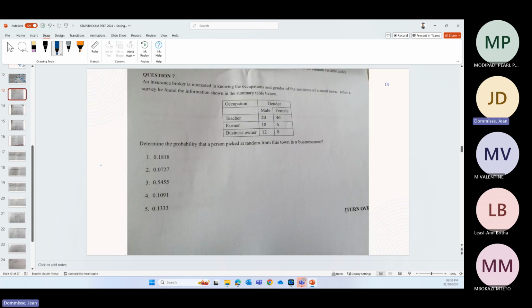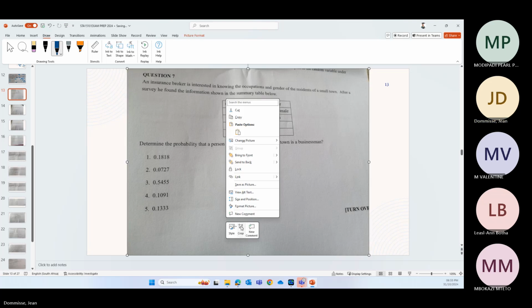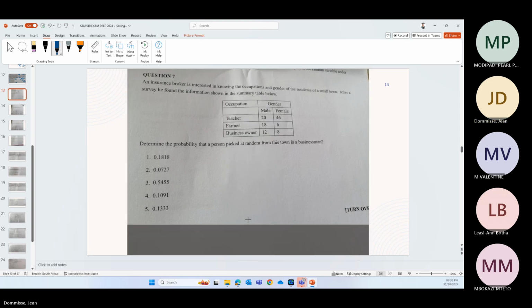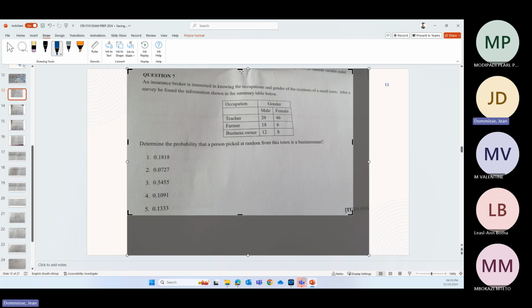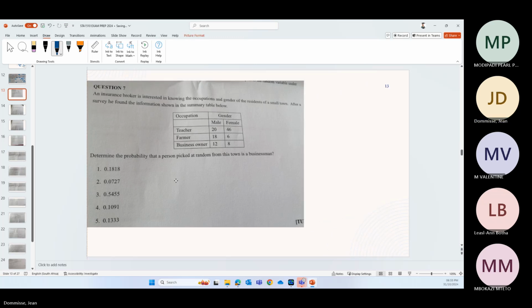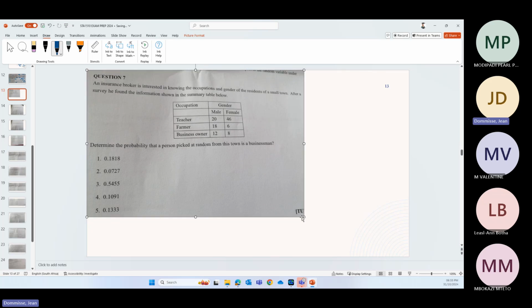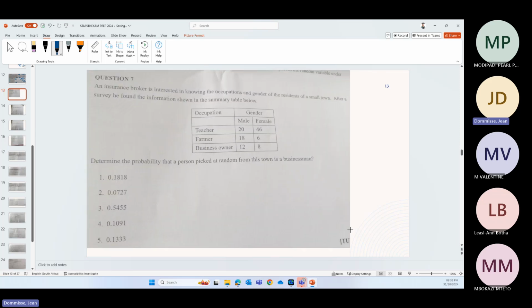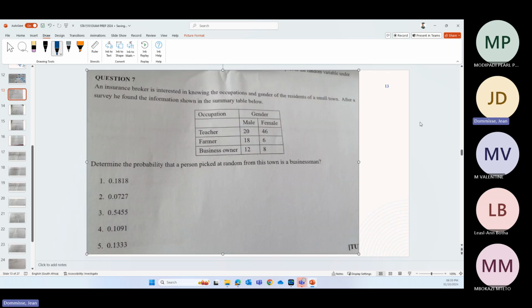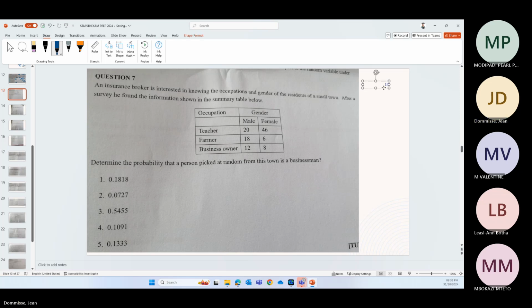Okay, another one that we need to look at, the chi-square. Let's see what information. Oh no, this is not chi-square, this is probability. It looks like chi-square, but it is actually probability.